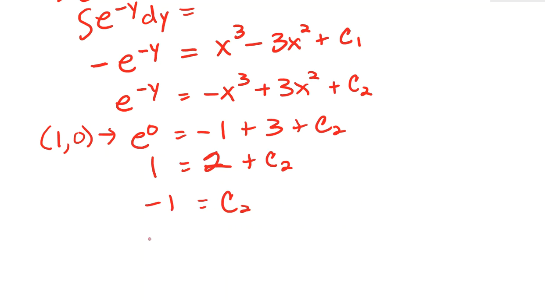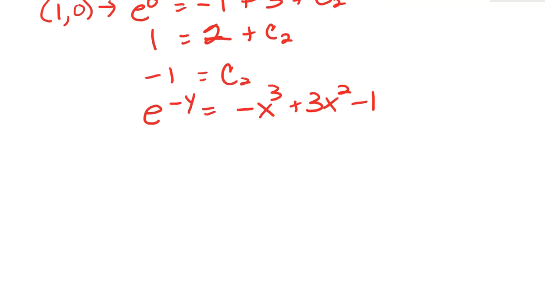So we have e to the negative y is equal to negative x cubed plus 3x squared minus 1. And now we still want to solve this for y. Notice, by the way, that this value on the right-hand side is positive since it's equivalent to e to a power.